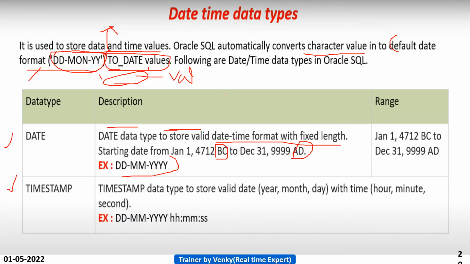It allows you to insert from Jan 1st 4712 BC to December 31st 9999 AD. The date data type is developed by the DBMS.